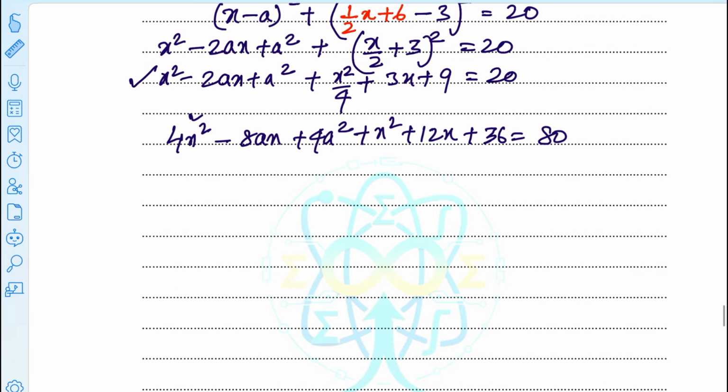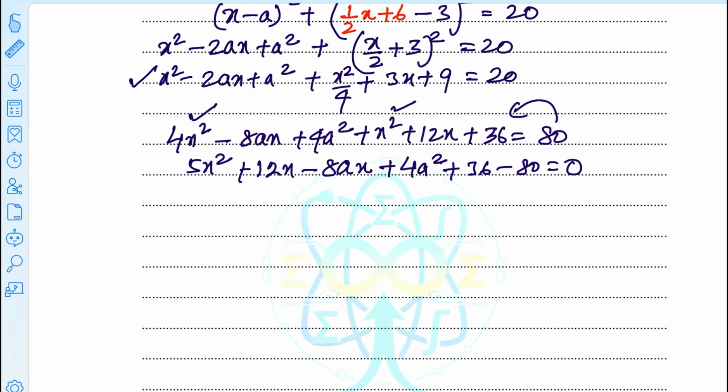So you can see here 4x squared plus x squared becomes 5x squared. Then we have a 12x minus 8ax, right, plus 4a squared plus 36 minus 80. So minus 80 equals 0 if I bring it to this side, right?